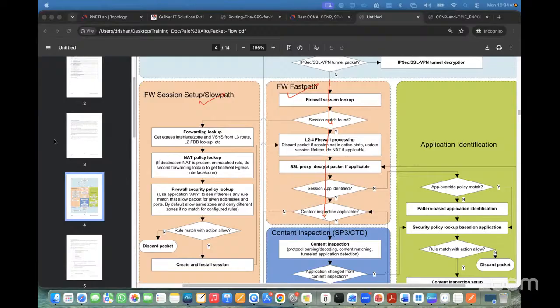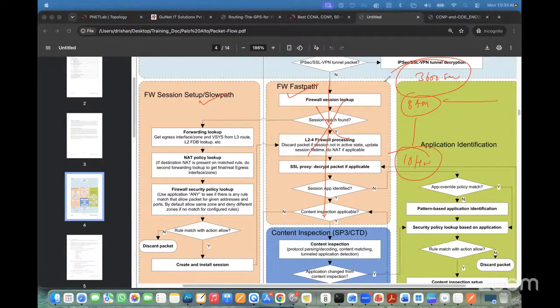And it's not like, let's suppose today at 8 a.m. you did the communications, and now let's suppose for the next 10 hours you're not doing any communication. Your session is not going to be always available in the fast path. No, there is a session timeout also. For TCP sessions, it is 3600 seconds. So if there is no communication for the next 3600 seconds, you can calculate that in hours as well, I believe it's 60 minutes.